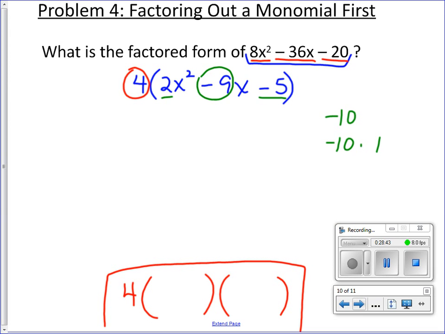All right, negative 10 times 1 is equal to negative 10, and negative 10 plus 1 would equal negative 9, which gives us the coefficient of the middle term. So let's take our factors, negative 10 and 1, and I'm going to use Lizzie again. We're going to divide by a, and a is right here, the 2. Divide by 2.